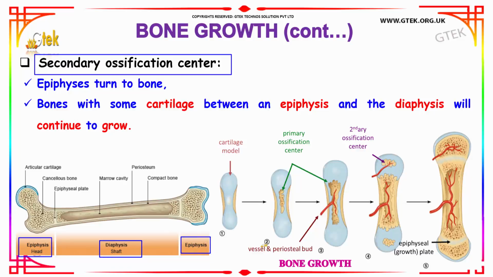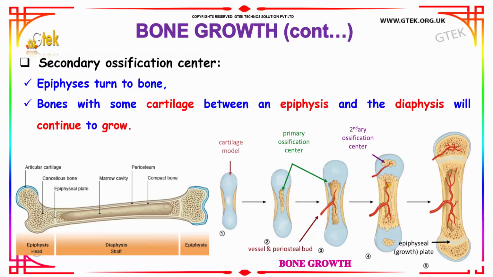So, in bone development, the development from the cartilage starts in your diaphysis in your primary ossification, followed by the development in your epiphysis in your secondary ossification stage. Thus, the bones with some cartilage between the epiphysis and the diaphysis will continue to grow. So this is what happens in your secondary ossification center.